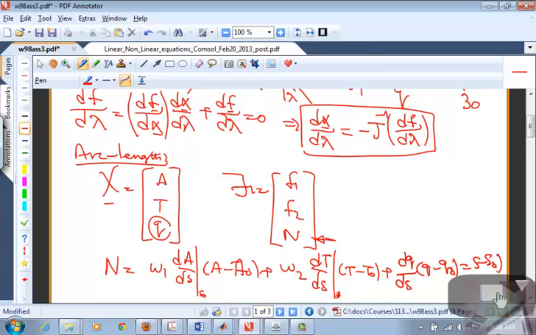This is the arc length equation, the additional constraint I'm going to use. So it's essentially a tangent plane type of constraint. So these are all known. Okay, do I know that?